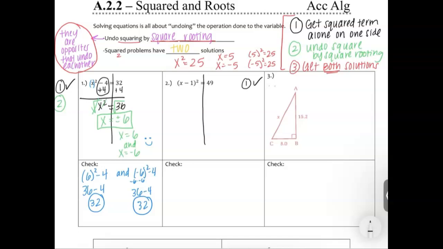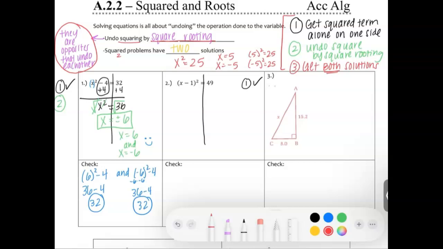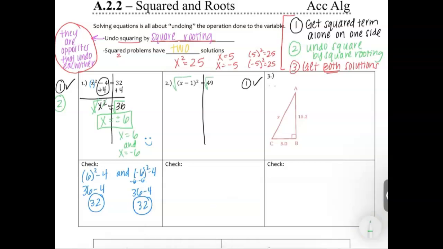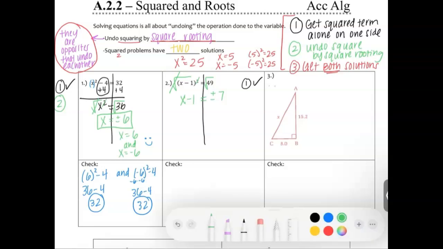So number 1 is actually all done for us. Number 2 says we have to square root both sides so that we can undo the square. So remember, square root and the square cancel each other. We get that x minus 1 is equal to, when we square root, you will always get the positive and negative of it. And so this is where it's a little tricky.